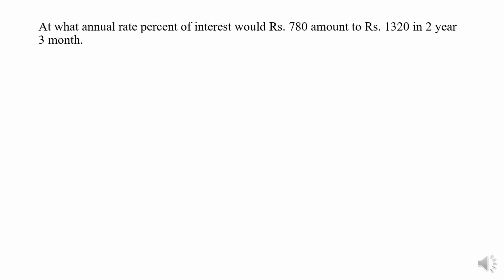The next example is: at what annual rate percent of interest would 780 rupees amount to rupees 1320 in 2 years 3 months. For this we use the formula R equals I into 100 divided by P into T. So we simply find out the values.